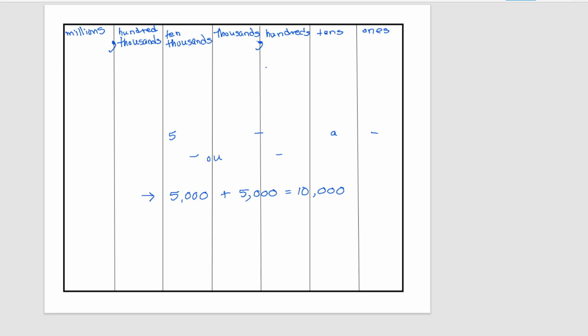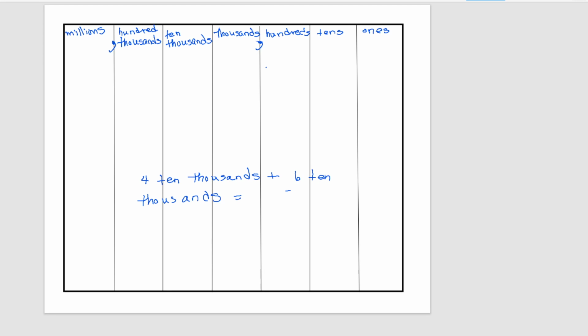And we're going to try a different addition problem. Okay, for this one, we're going to do 4 10,000s plus 6 10,000s equals, so let's show it here.